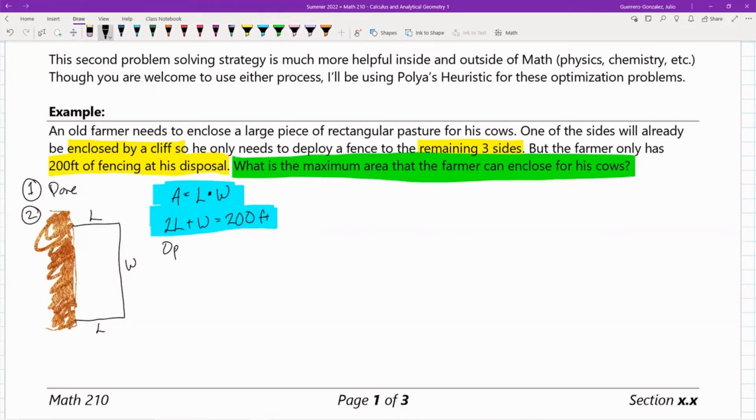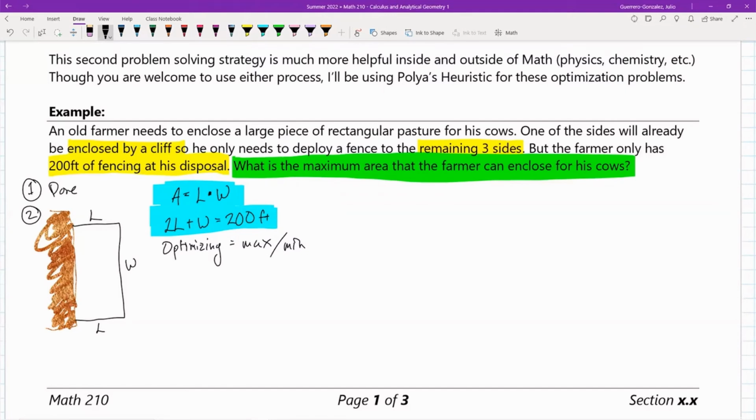Optimizing is finding a max or a min, right? So that means we're going to need to use calculus on A. We need to use calculus on the area equation, right? So that's exactly what I'm going to do.